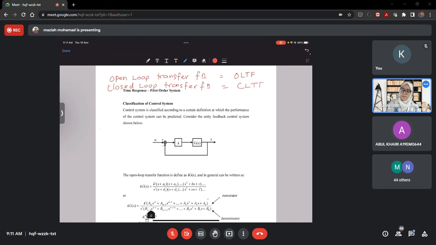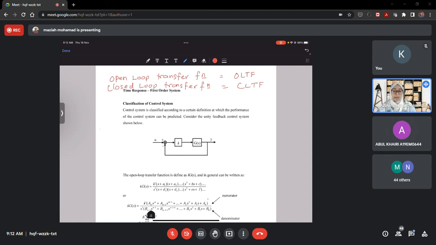CLTF. Sometimes in order to analyze a control system, we use the closed loop transfer function. For example, in time response analysis, we consider the closed loop transfer function. We need to simplify all that until we get one transfer function. That one is called the closed loop transfer function. And then we derive the time response based on it.